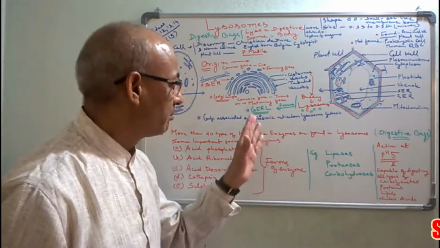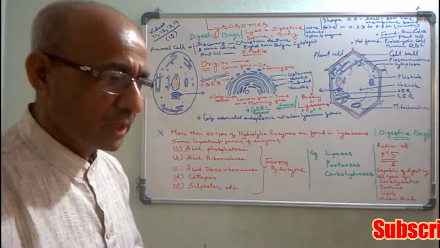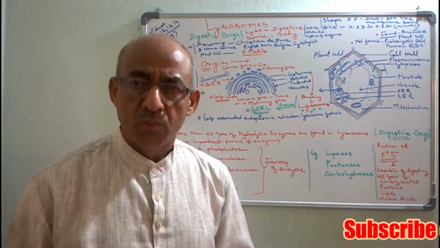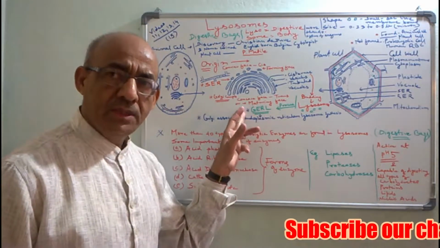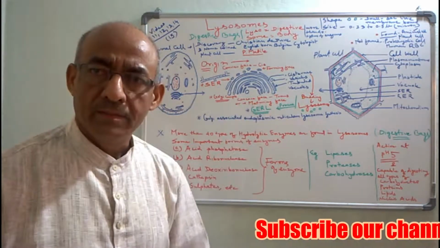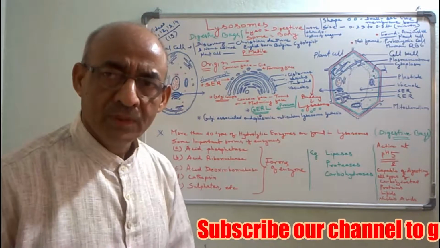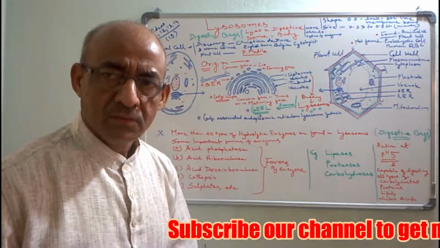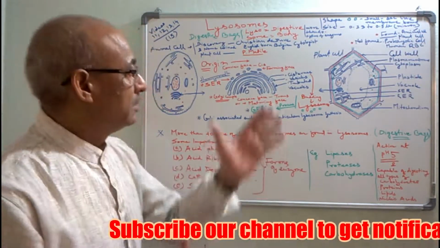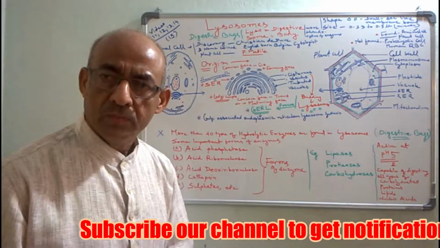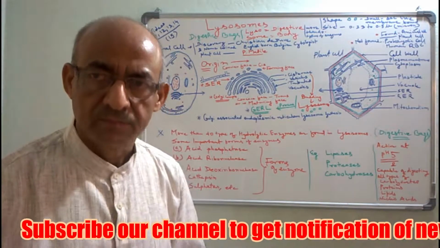This is very important from the examination point of view, particularly for NEET. GERL. Again I am repeating, GERL. This is the process for the synthesis of lysosomes in the cytoplasm of all the eukaryotic cells.